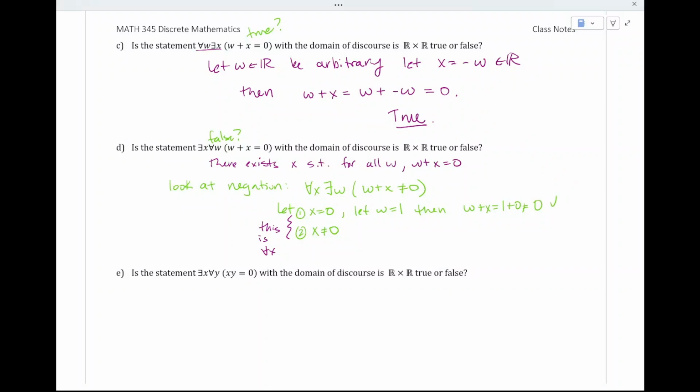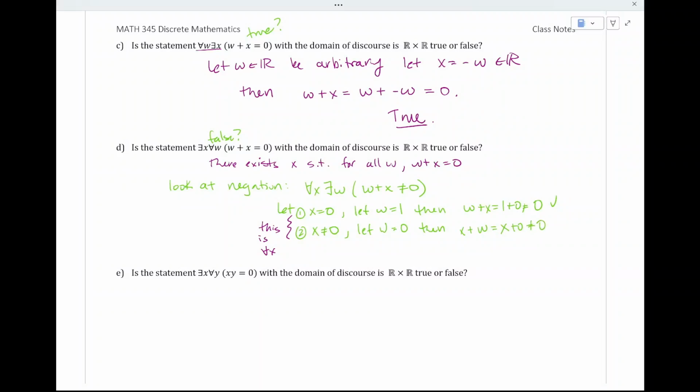Let's look at the next one. Let's let w be 0. Then x plus w is whatever x is. x is not 0, it's some other number, so it can't be 0 because I said x can't be 0.